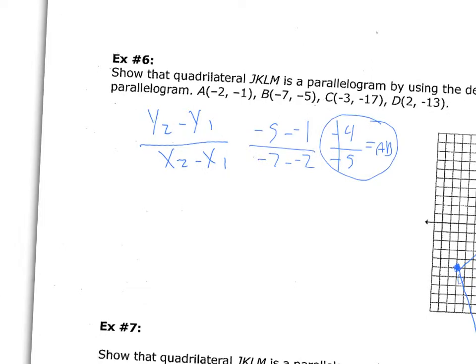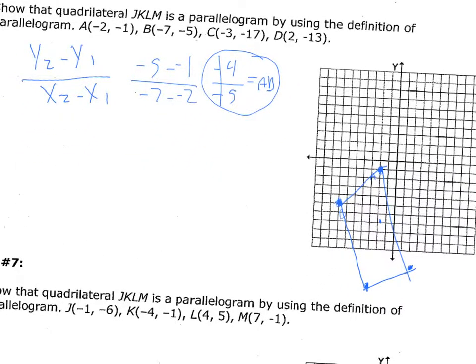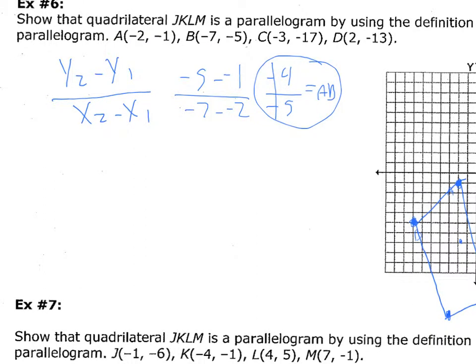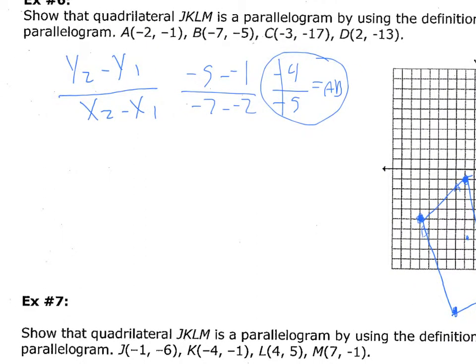Okay, let's try BC. If you plug those in, you would have negative 17 minus negative 5 over negative 3 minus negative 7.